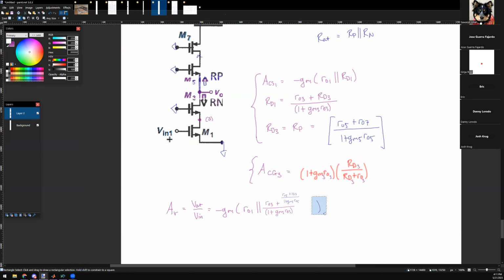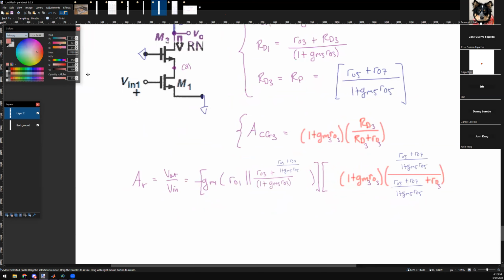And then this guy is going to be multiplied by this. But RD3 is going to be multiplied to this. Okay, any questions? It's a bit nonsensical, but yeah.